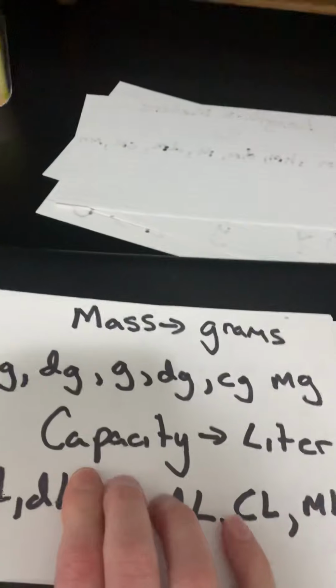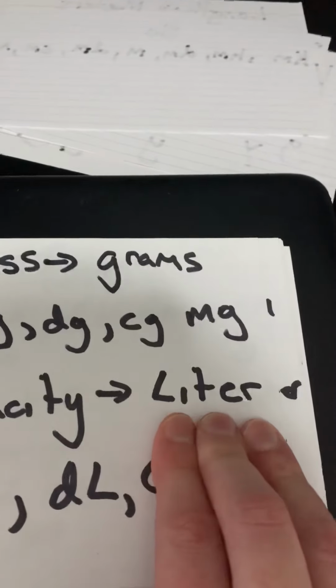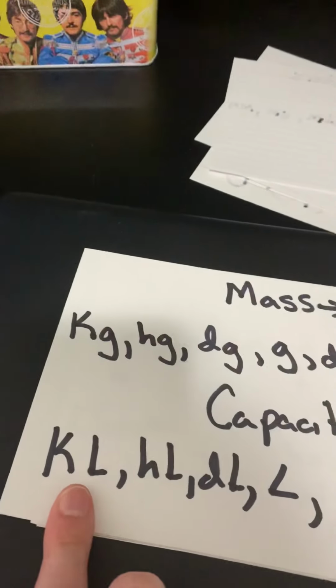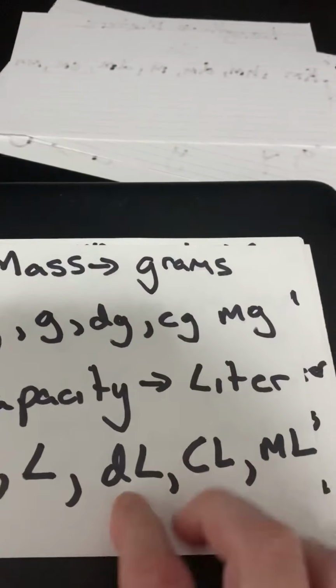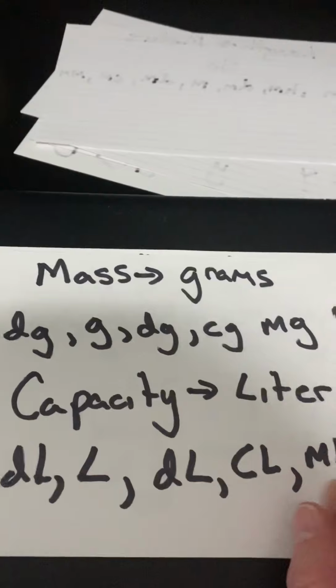When we do capacity, it's in liters: kiloliters, hectoliters, decaliters, liters, deciliters, centiliters, and milliliters. So basically, it's always this basic layout, and just the main unit changes.